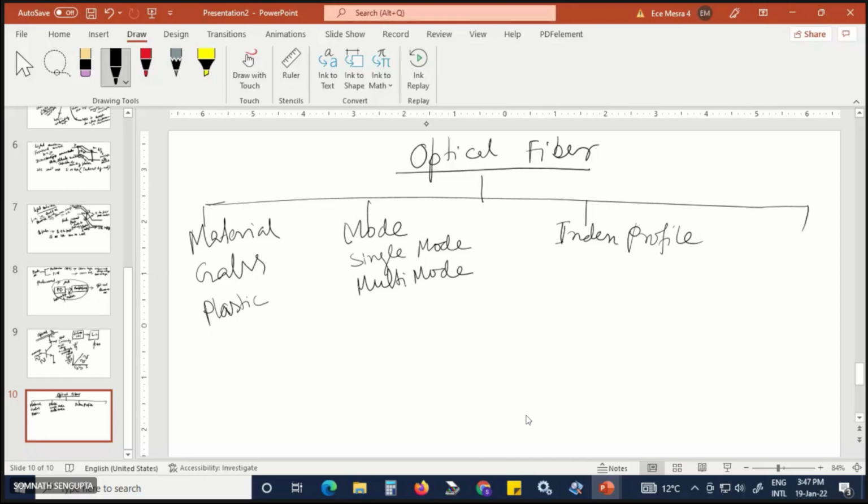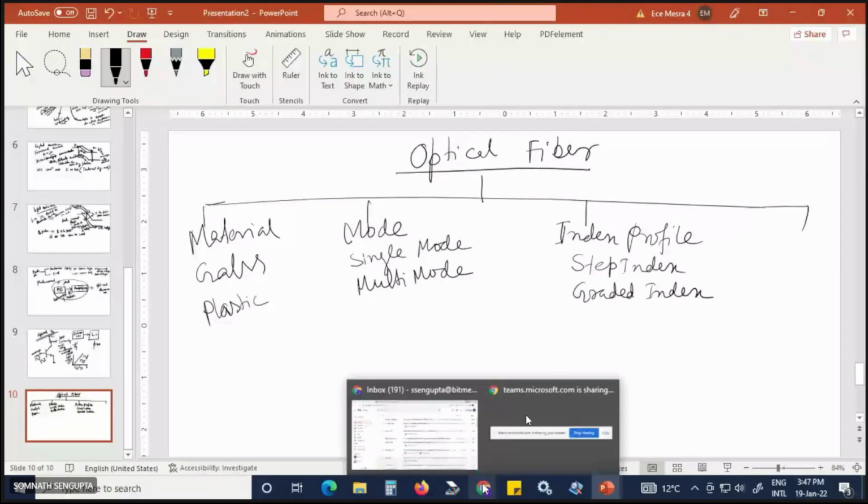Based on index, it is step index and graded index, or any other classification.